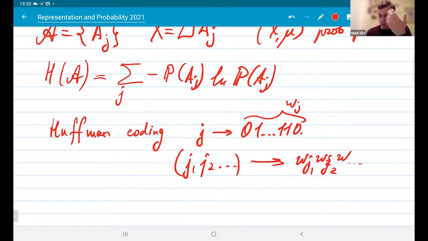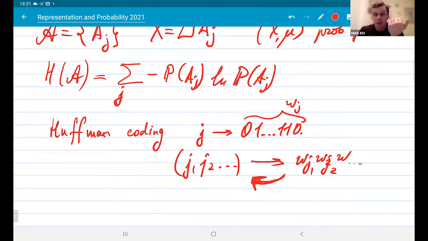I want to transmit this sequence of zeros and ones by some line, and then I want to reconstruct my j's. So j belongs to the set of indices in my partition. I want this reconstruction to be possible, and in fact this can be done as follows.